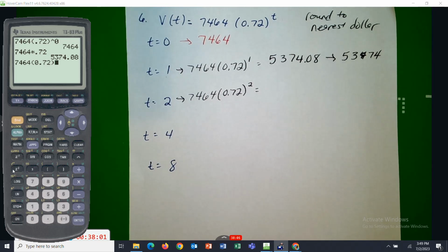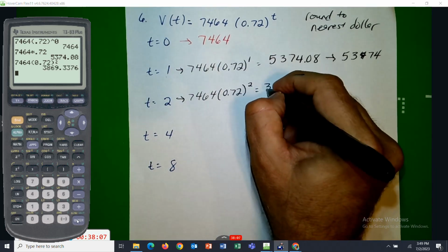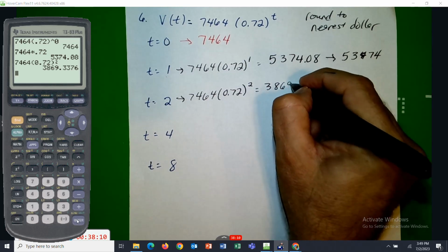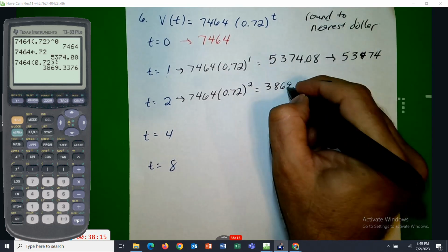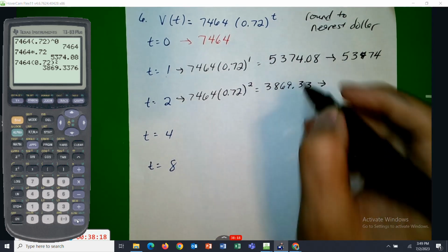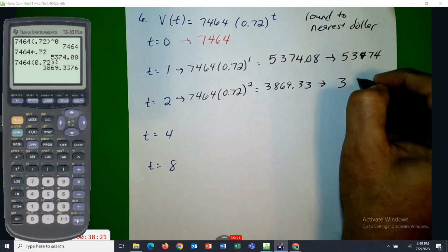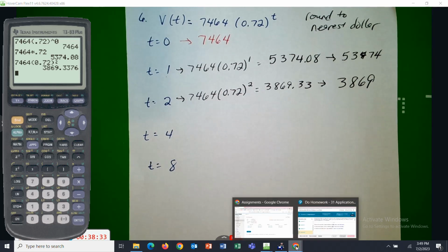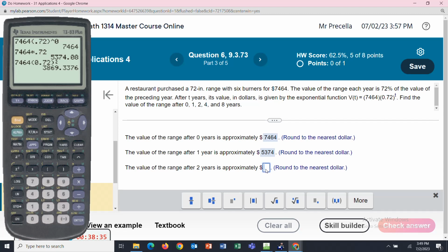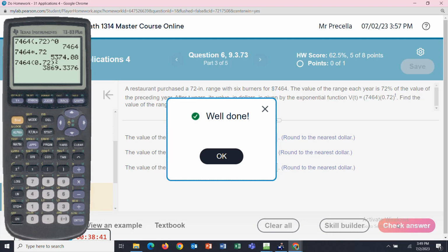Since it's just a square, I'll hit the square key. 3869.33. We're rounding to the nearest dollar, so do I leave it as 69 or make it a 70? We leave it as a 69. So after 2 years, it's worth $3,869.